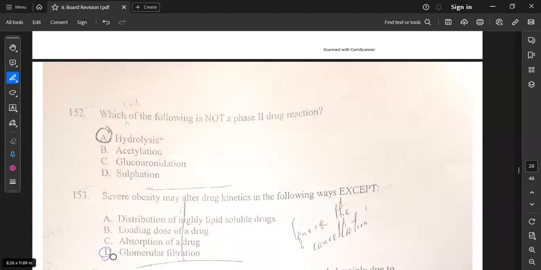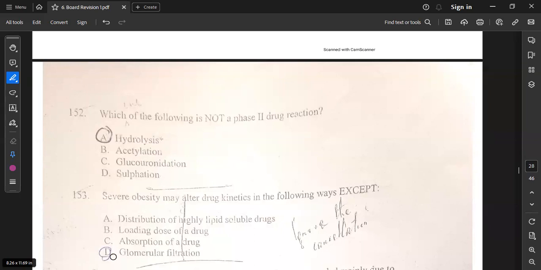But isn't that after absorption? So how is absorption... does changes in GIT motility and blood flow, thus leading to delay in drug absorption? Oh.